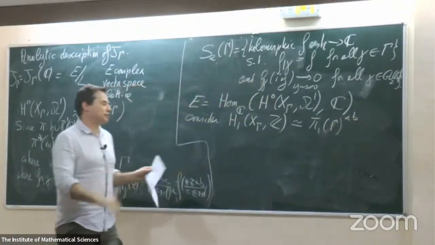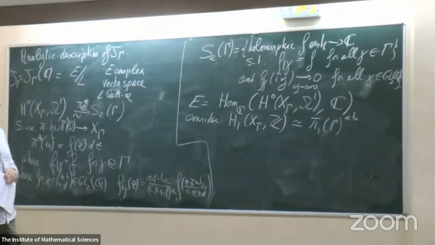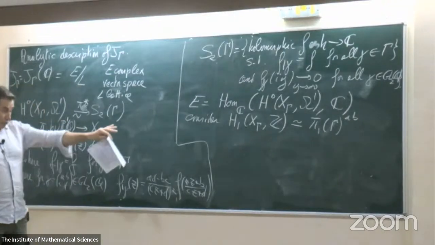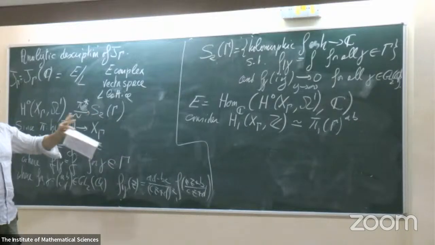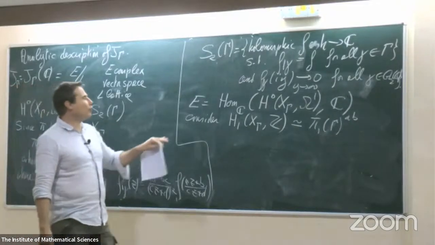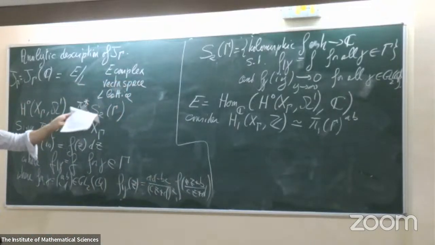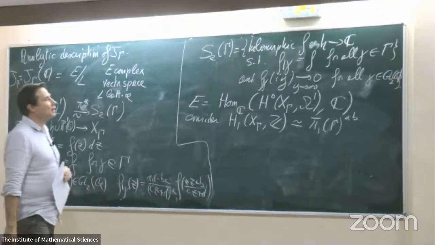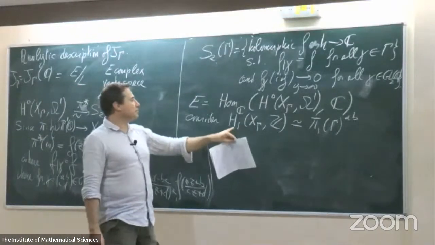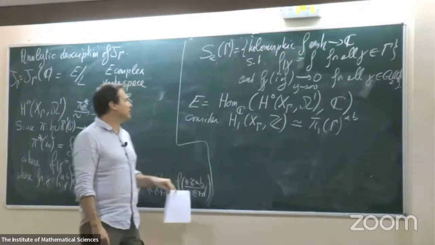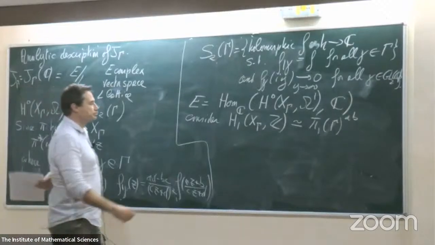Since you abelianize, the base point doesn't matter. I'm going to give an explicit description of this group in a moment, but for a while you can describe it topologically in this way. And there is a pairing between this group and the holomorphic differential forms.